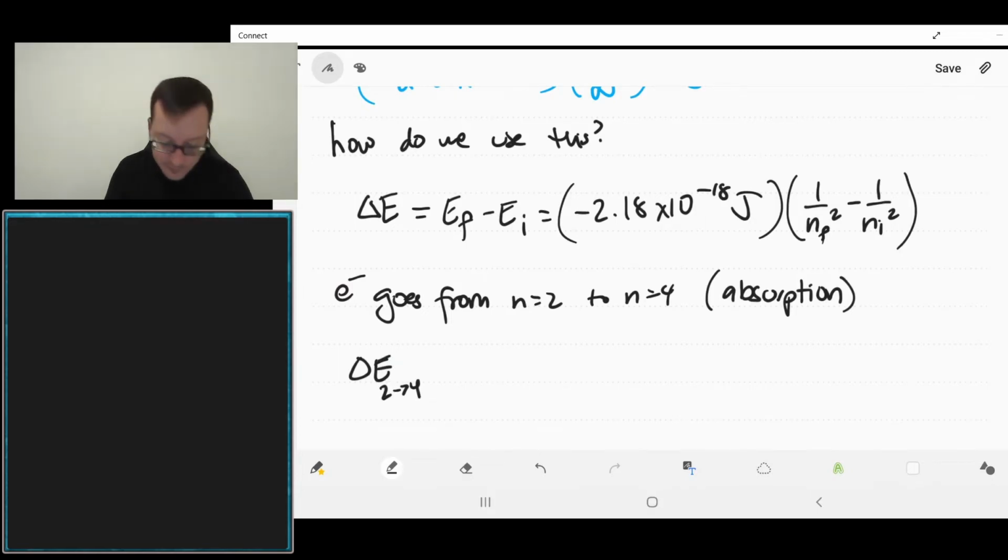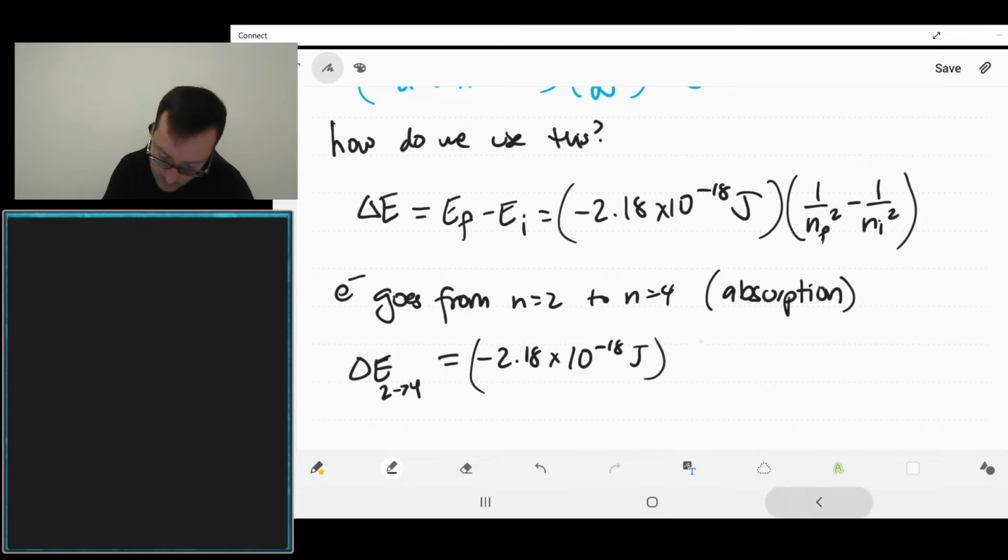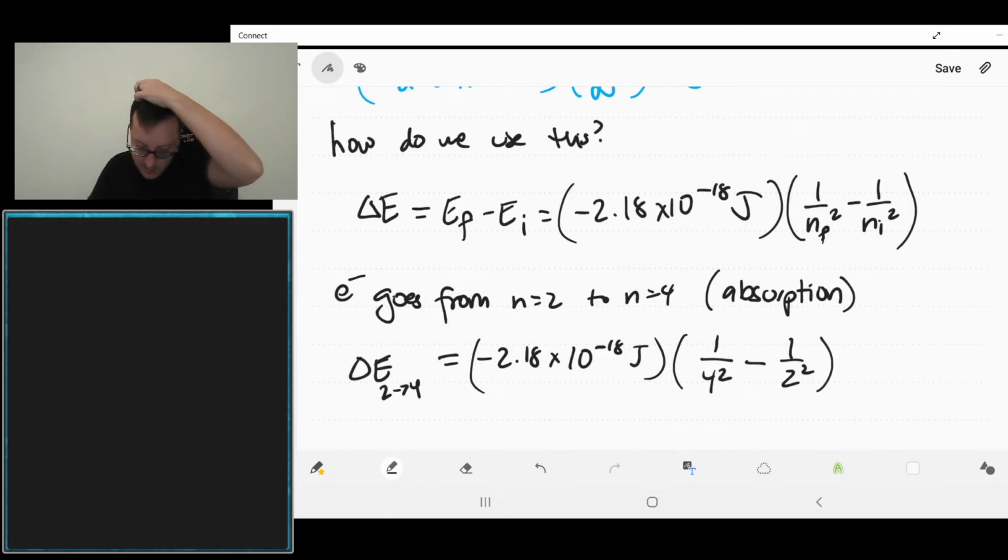So the difference of energy for 2 to 4 will be 1 over 16 minus 1 over 4. I don't want to do that. This is what calculators are for.